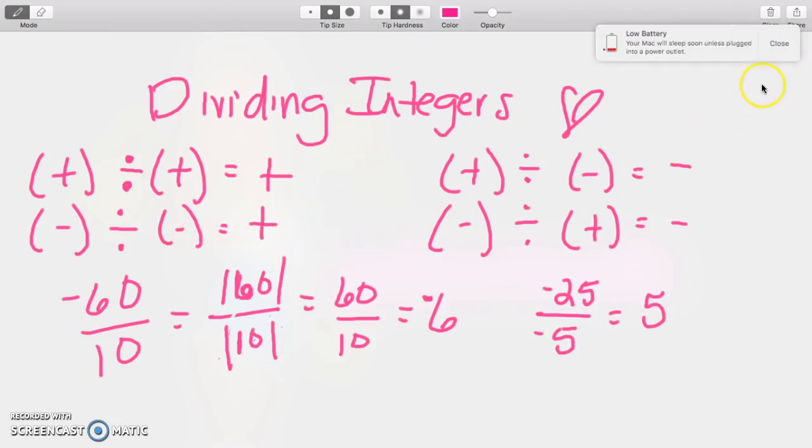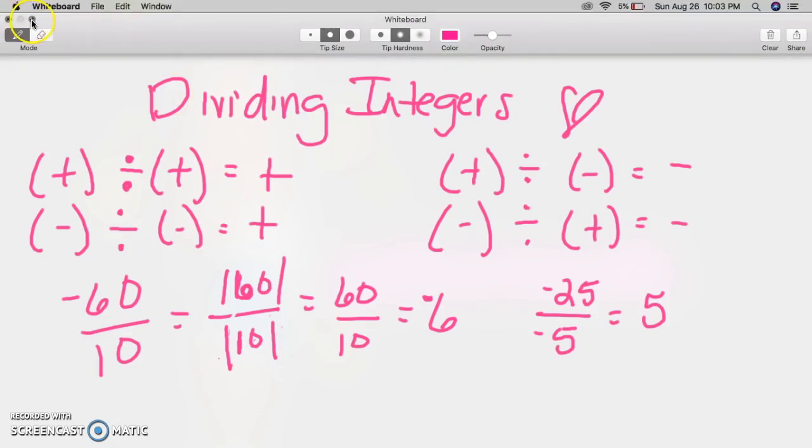The rules are the same: you still think about taking the absolute value, but you use the rules to determine the sign of your answer. Like I said, it's a little easier than adding and subtracting integers. However, you still need to understand and follow the rules so that you can be proficient in multiplying and dividing integers.